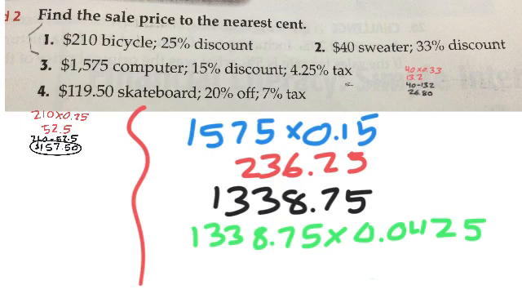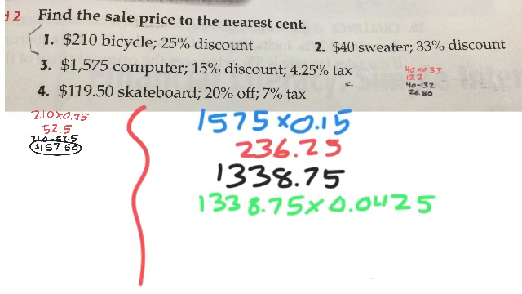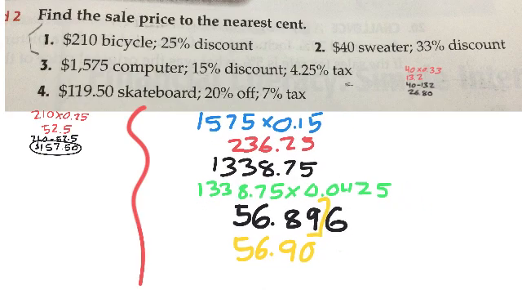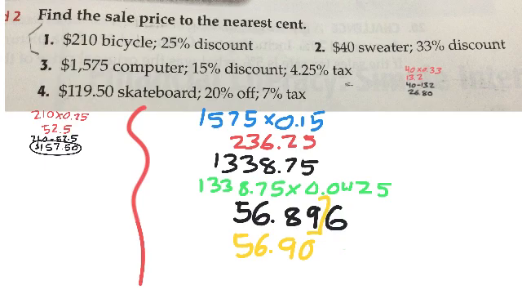And when we multiply that, do you know what you got there? 56.89. And there was some other form. So the next number after it is a 6. So you have to be careful here. The 6 tells the 9 to round up. So the 9 becomes a 0, and the 8's going to become a 9. So that should be $56.90. And that's how much we're having to pay in tax.